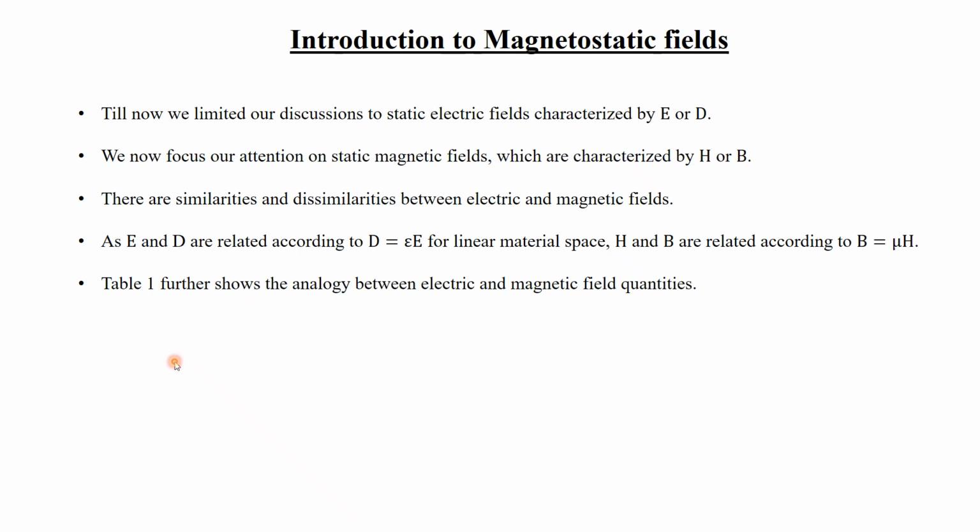So in magnetostatic field, we will only discuss the concept of magnetism, the field created by a magnet, because in electrostatics we discussed the field created by an electric charge. If there is an electric charge, it will create an electric field.